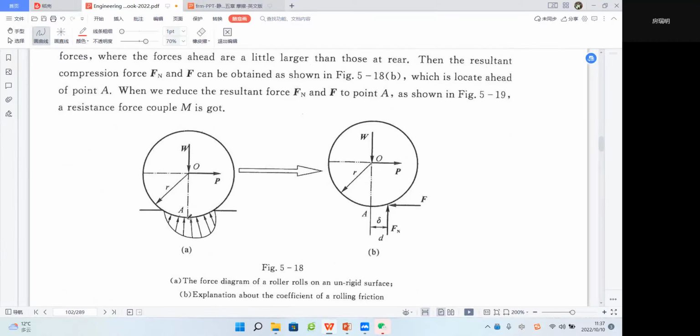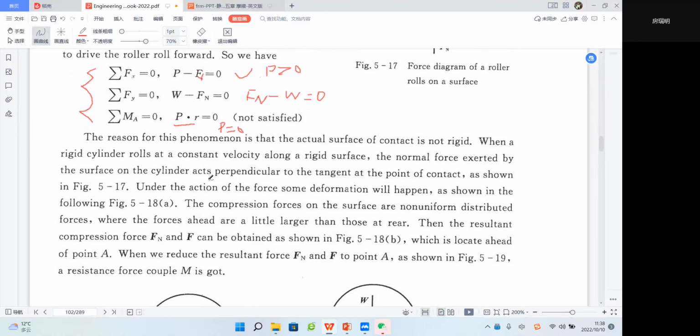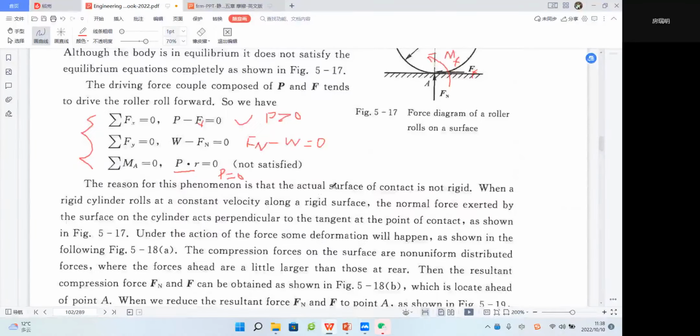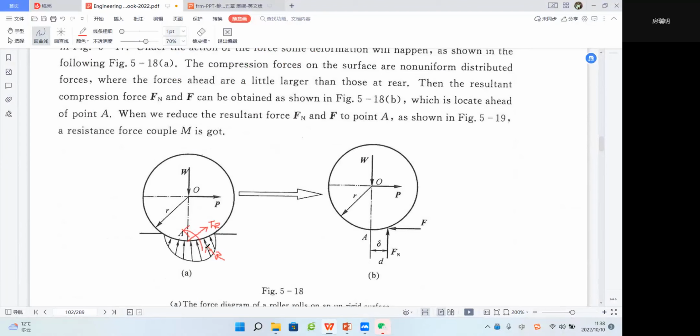So, when we select a point to simplify a plane force system, we will have a principal vector Fr, right? And a principal moment Mr, right? That's why this ball cannot rotate in the state of equilibrium, actually because of this Mr.